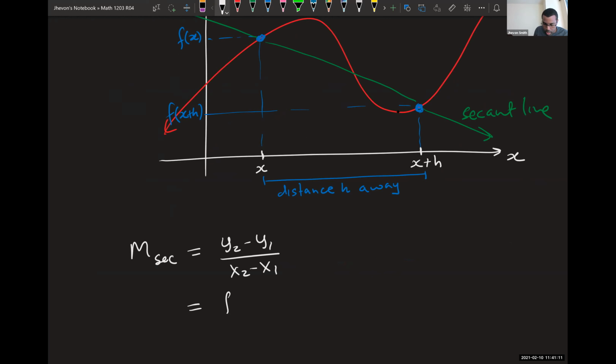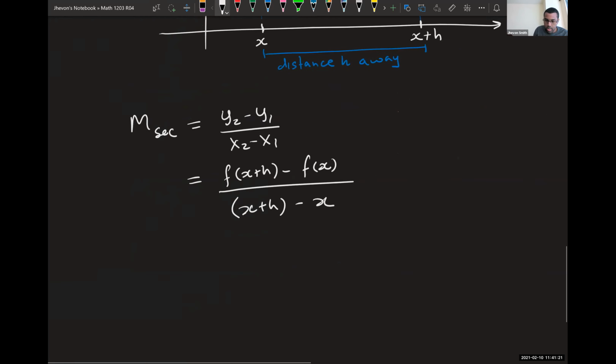And this just becomes f of x plus h minus f of x. x2 is x plus h, and x1 is just x. So of course your x's cancel because you have x minus x. And so this gives you f of x plus h minus f of x over h.